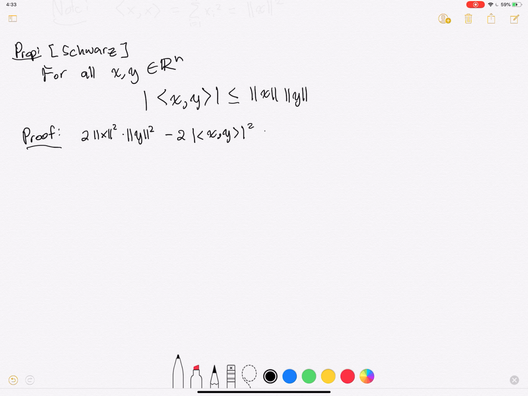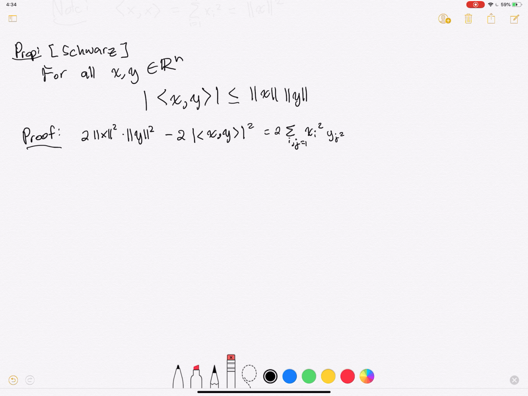That is equal to 2, if you just expand out the inner product, you got xi squared yj squared. No, it's supposed to be xi yi, I believe. So it's the inner product squared, for the norm squared of those vectors.